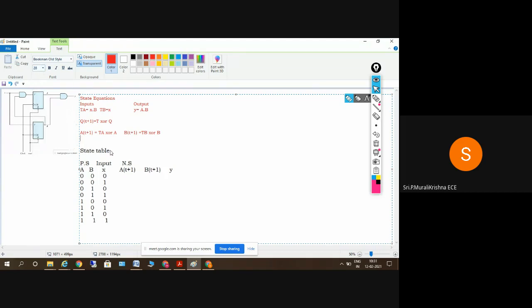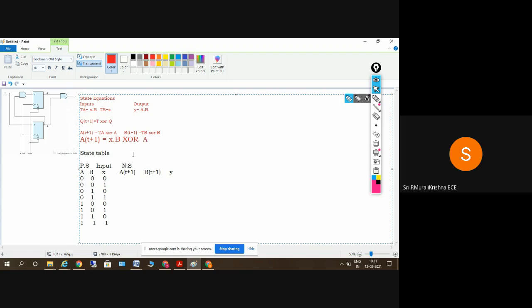So a of t plus 1 is equal to ta, so ta is equal to x into b, and then XOR operation with a here.